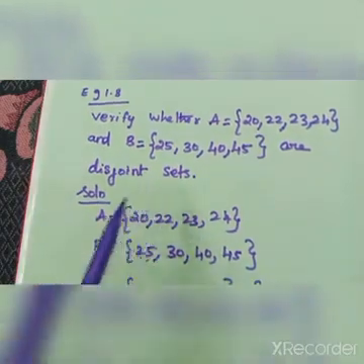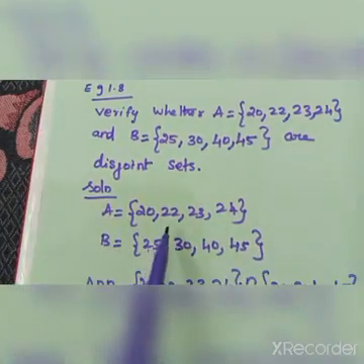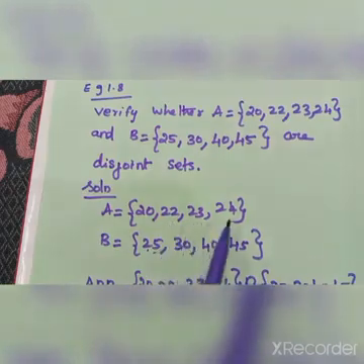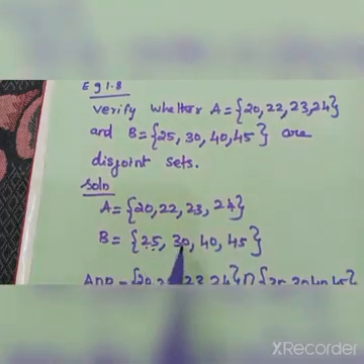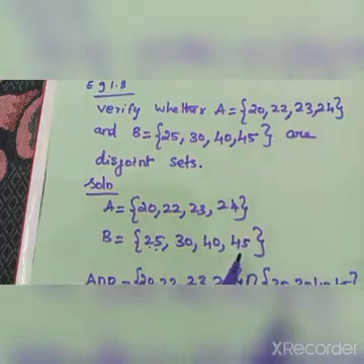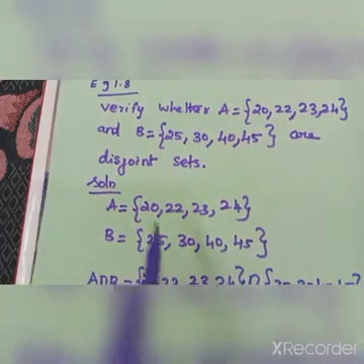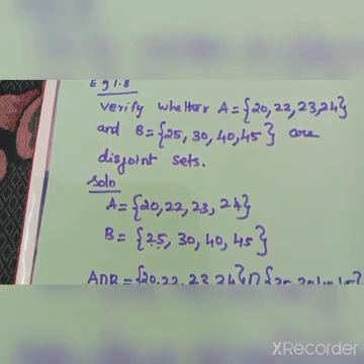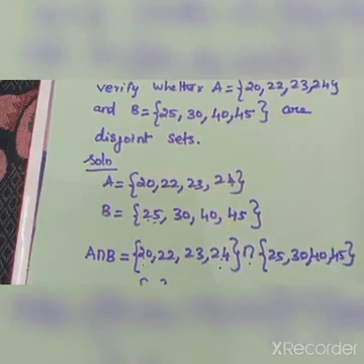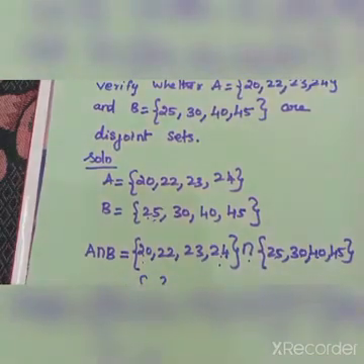So A is equal to {20, 22, 23, 24} and B is equal to {25, 30, 40, 45}. Disjoint set, you know the definition. What is meant by a disjoint set? Two sets A and B are said to be disjoint if they do not have common elements. So we have to check whether the sets A and B have common elements or not.